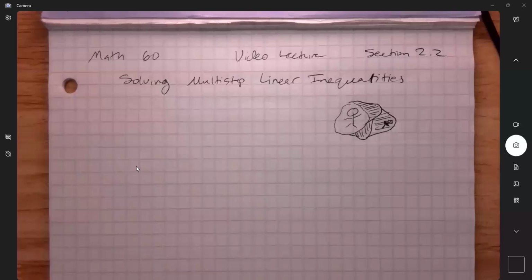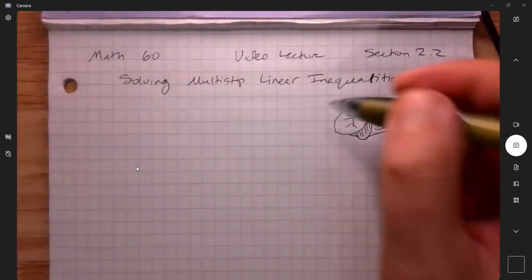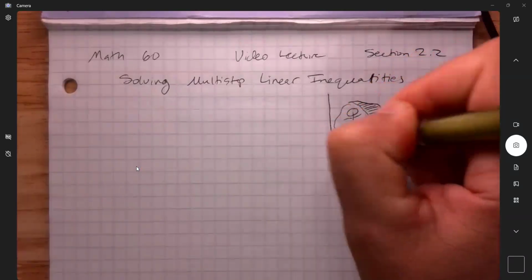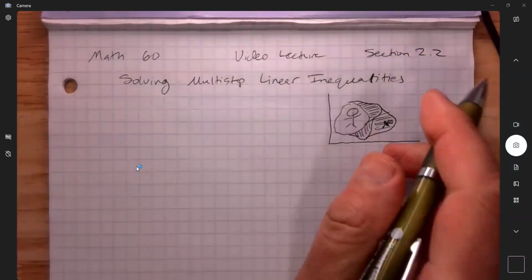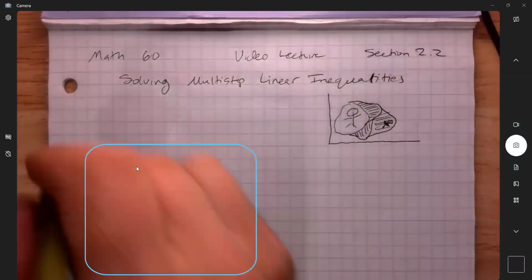So 90% of what you're doing, you've already done in some way, but you're just going to put it together in a slightly new way and add a little bit more on top of that. And again, this idea is going to come back again and again in the course. I do teach solving multi-step linear inequalities a little bit differently than what's in your textbook, so keep that in mind.